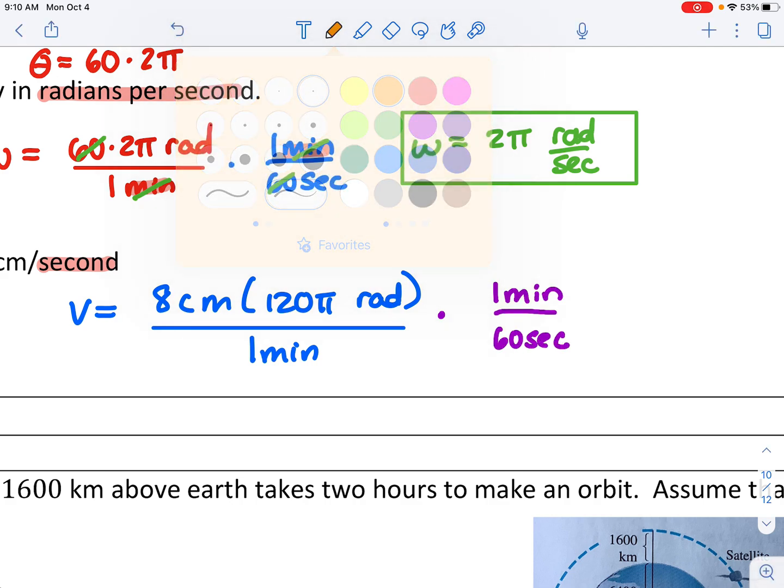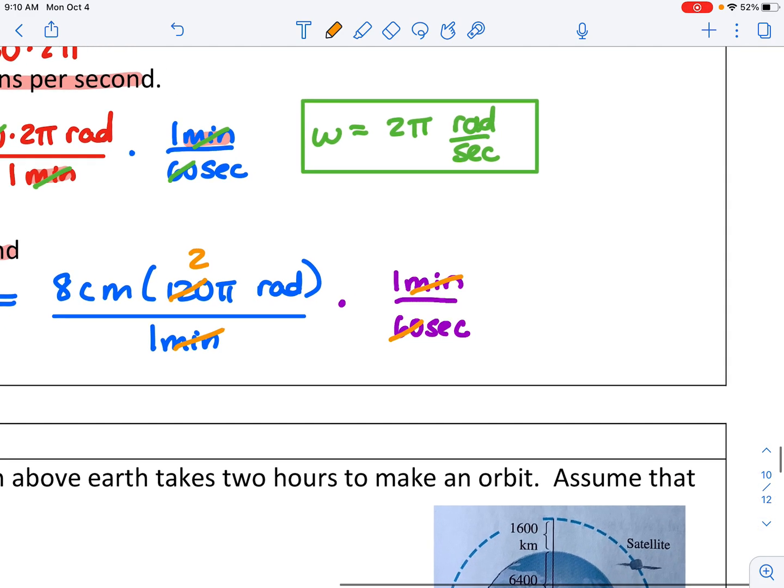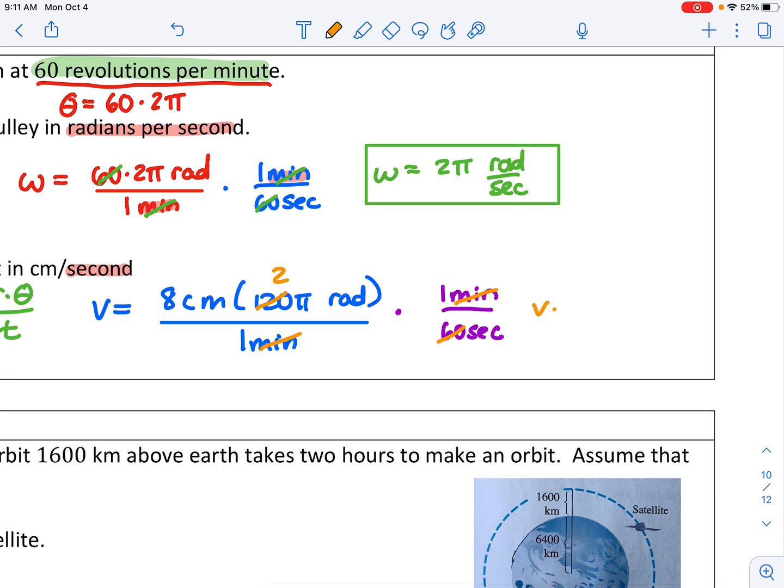From here, your minutes will cancel. I'm going to reduce my 60, and I end up with my linear velocity as 16 pi. I'm highlighting what we have left: 16 pi, and our units will be centimeters per second.